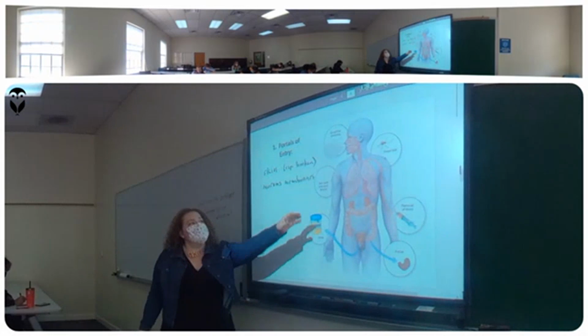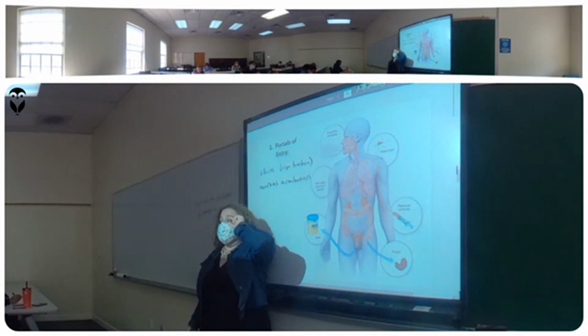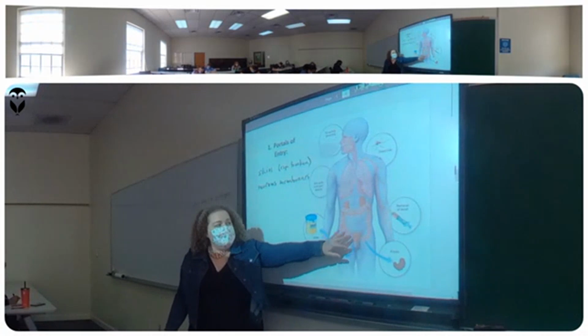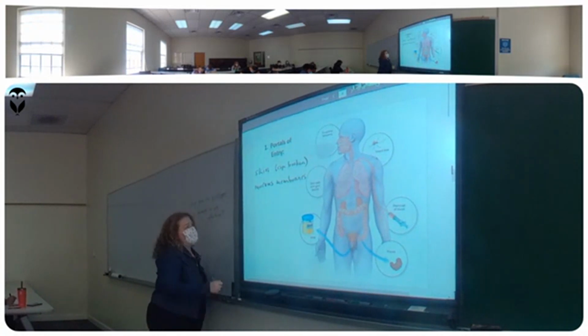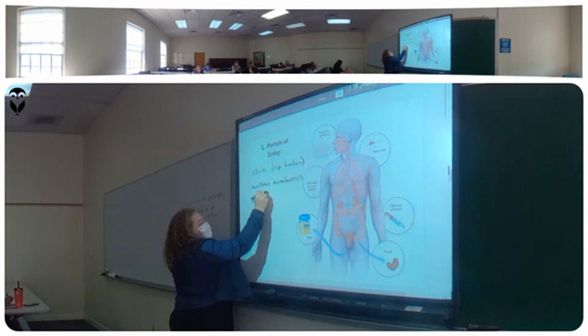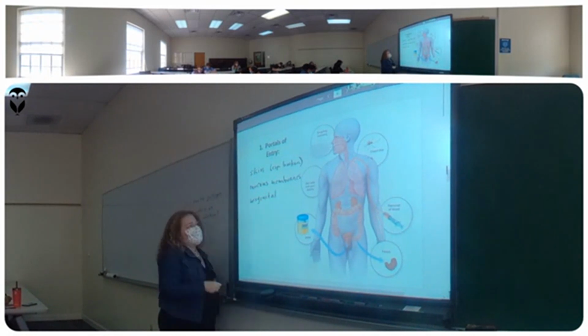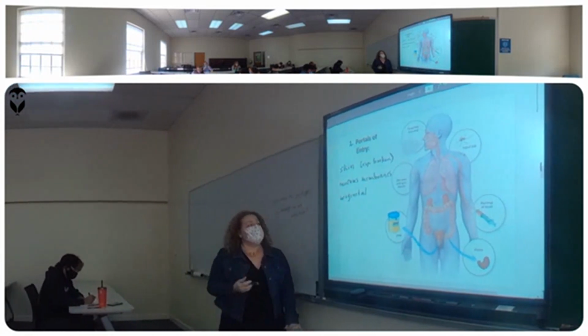So that could be the nose, mouth, the surface of your eye, urogenital membranes. That can be a portal of entry.